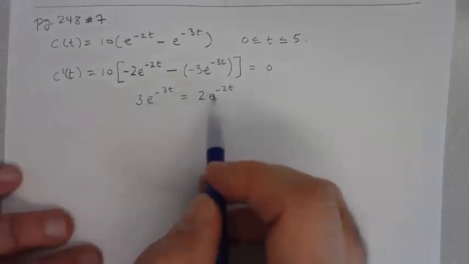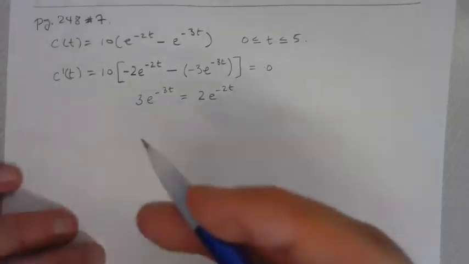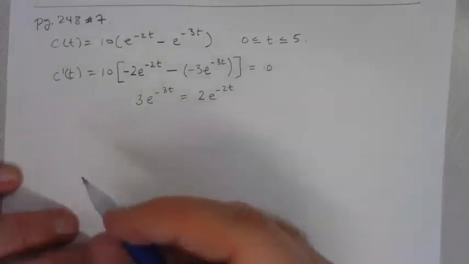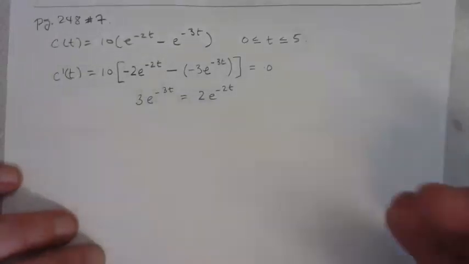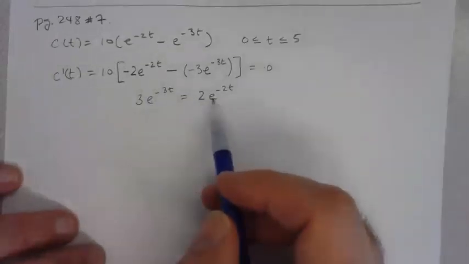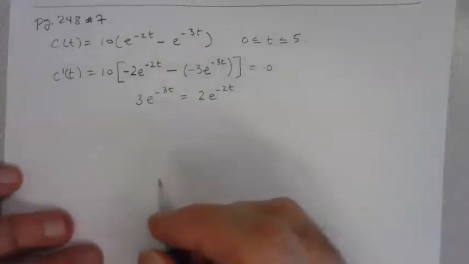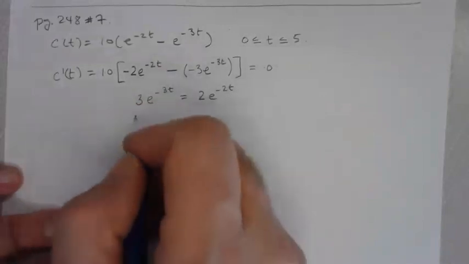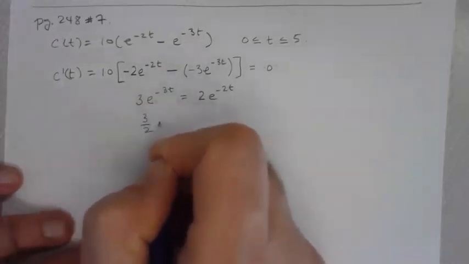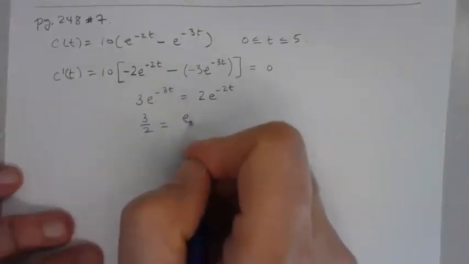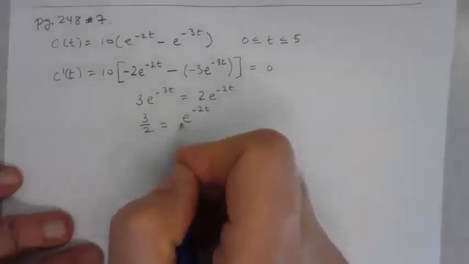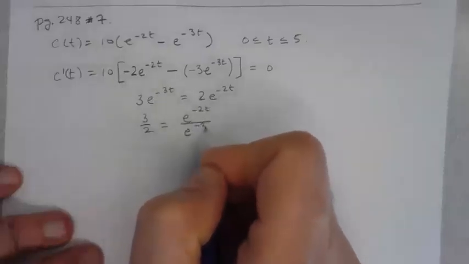So I'm going to bring these e's together, but not via addition and subtraction like I would if it was 2x and 5x, because the rules I have for exponential expressions are with multiplication and division. So I'll bring the 2 to the left-hand side. So 3/2 equals, normally I probably wouldn't write this out, but let me write it out so I'm really clear about what I'm doing.